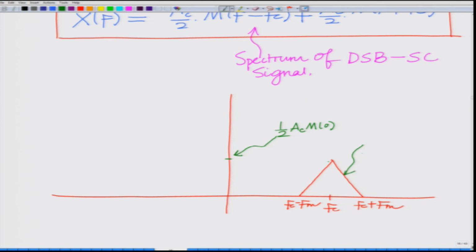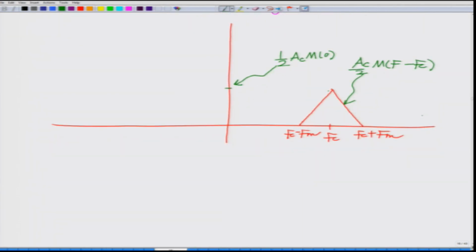This is basically your A_c by 2 M(f minus f_c). Correspondingly, on the negative side, you will have an image of this on the negative frequency axis, correct.